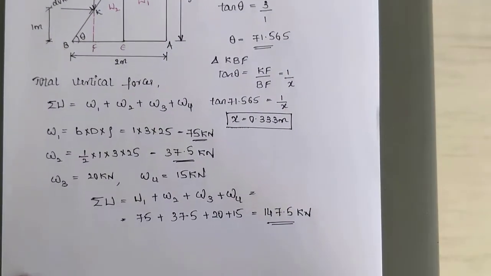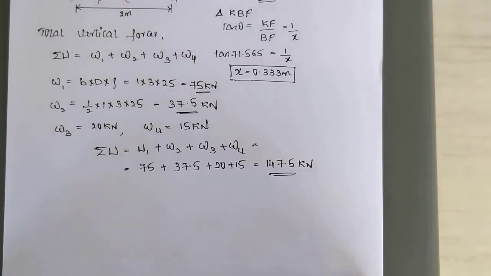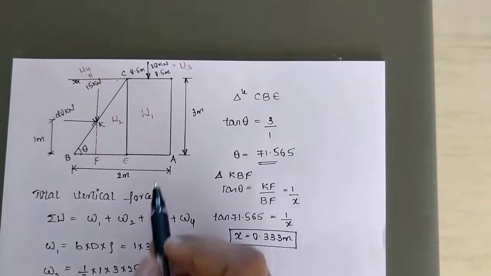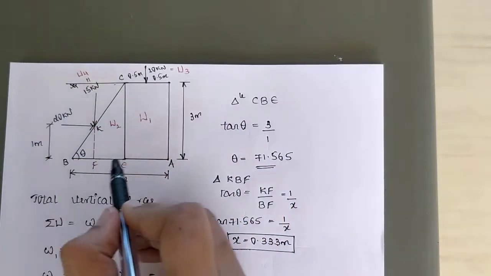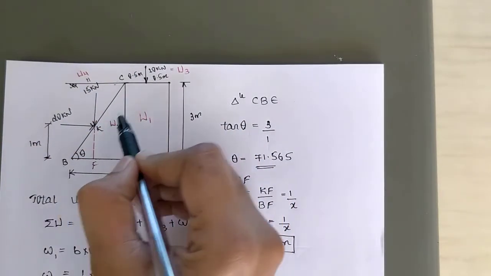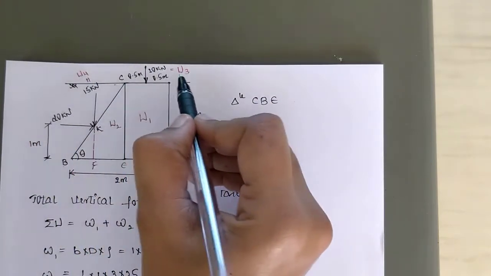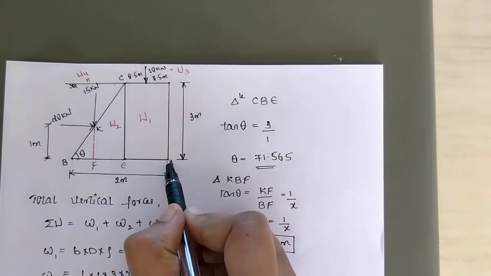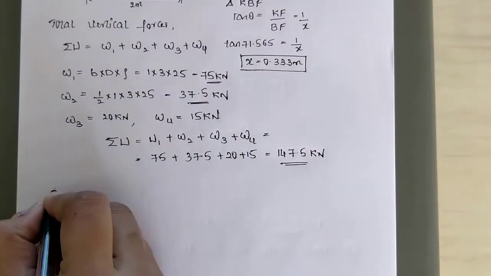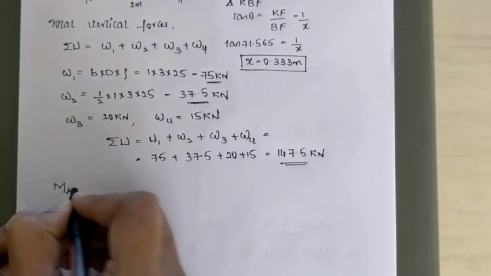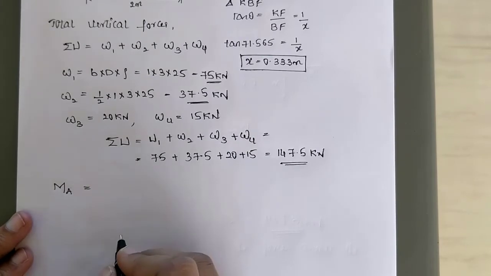Once you have calculated summation W, you need to calculate the moment of all the forces about this toe, that is A. Take moment of all the forces, that is W1, W2 as well as W3 and W4, about this toe point. Then moment about point A will be equal to W1, the rectangular portion.